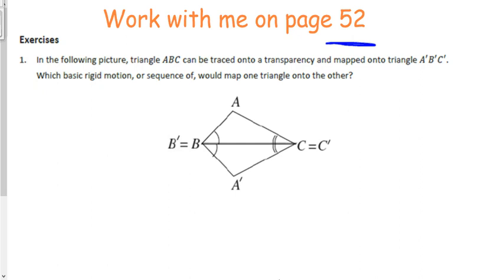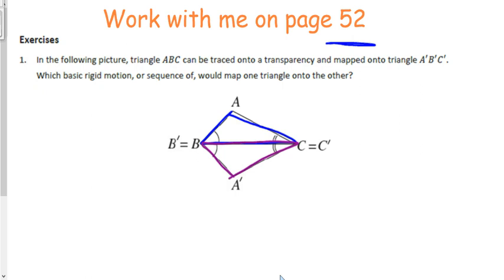How did they get this original triangle ABC? How would we map that onto this triangle A prime, B prime, C prime?